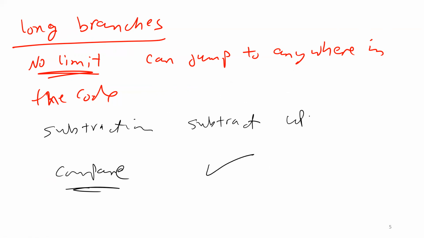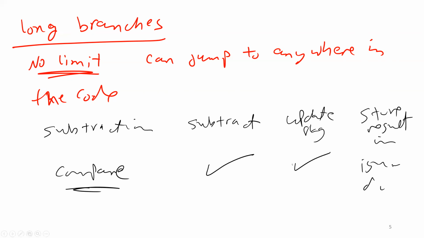This one is going to update flags, and this one also is going to update flags. The difference is here: this one is going to store the result in a register or somewhere, and this one ignores the result, the difference. It is not going to be stored anywhere. You get what I'm saying?